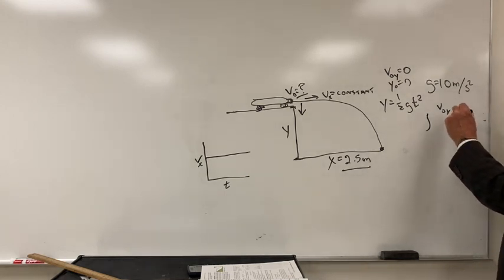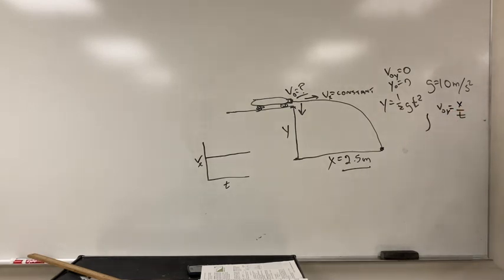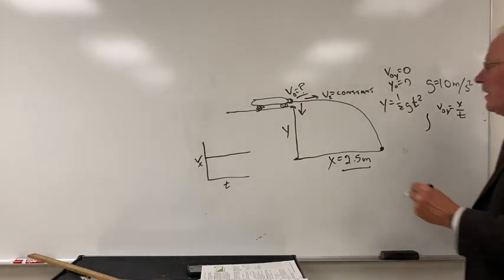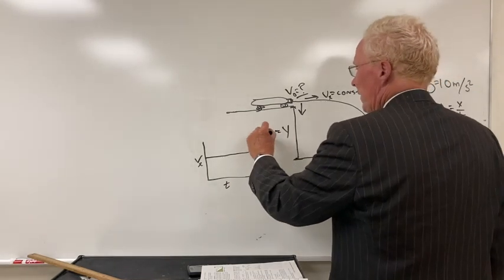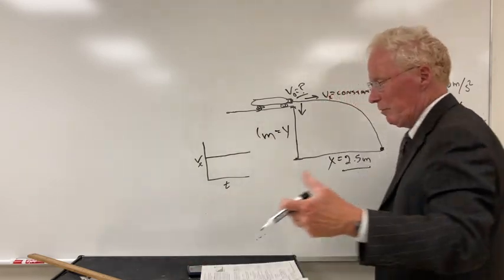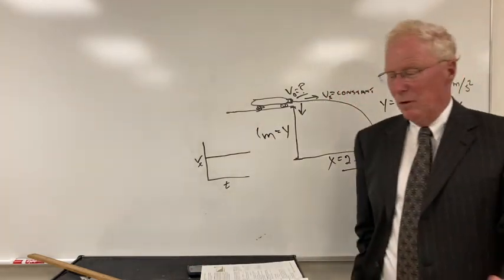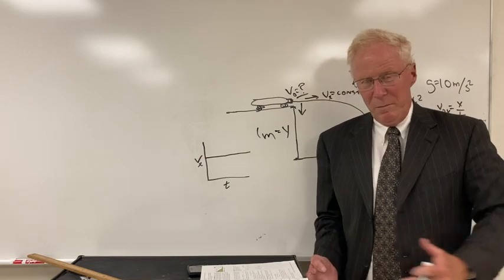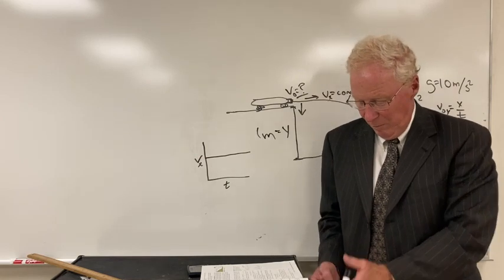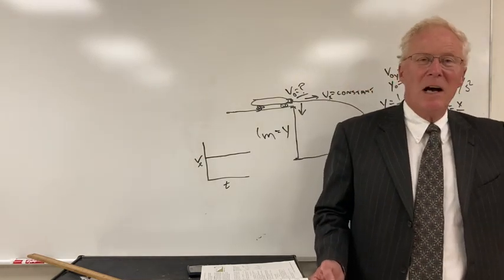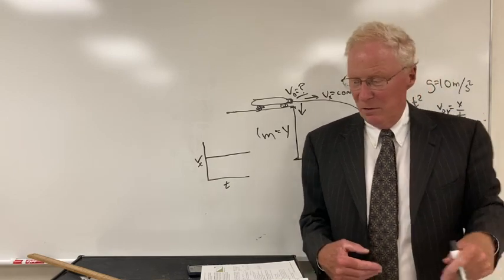So we have v naught is x over t. So we have a few things here. y is 1 meter, and we can measure that easily with a meter stick. So it falls 1 meter, and it lands 2.5 meters out.